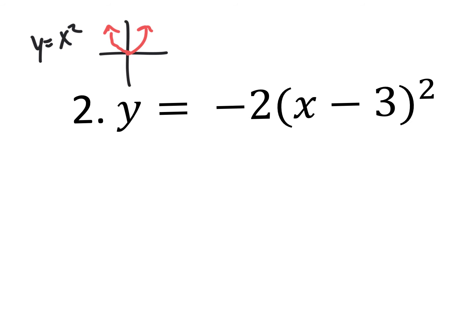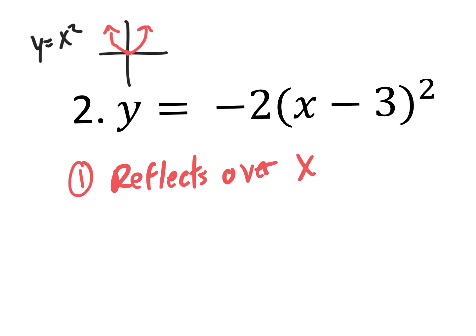Now, the words that we want to use in today's section is the description that it gets reflected, or it reflects over the x-axis. Okay? So if I think about that the negative sign causes this original parent graph to reflect over the x-axis, I would now be at that blue parabola right there.